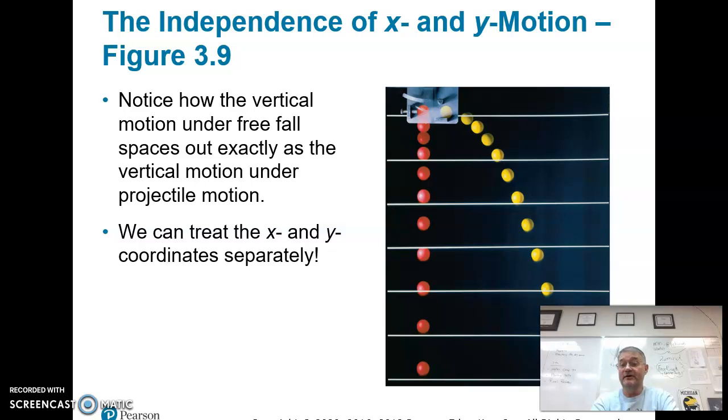They aim directly at the monkey, and as soon as the projectile leaves the cannon, the monkey is released. And in slow motion camera, you can see the ball hit the monkey right in the chest.